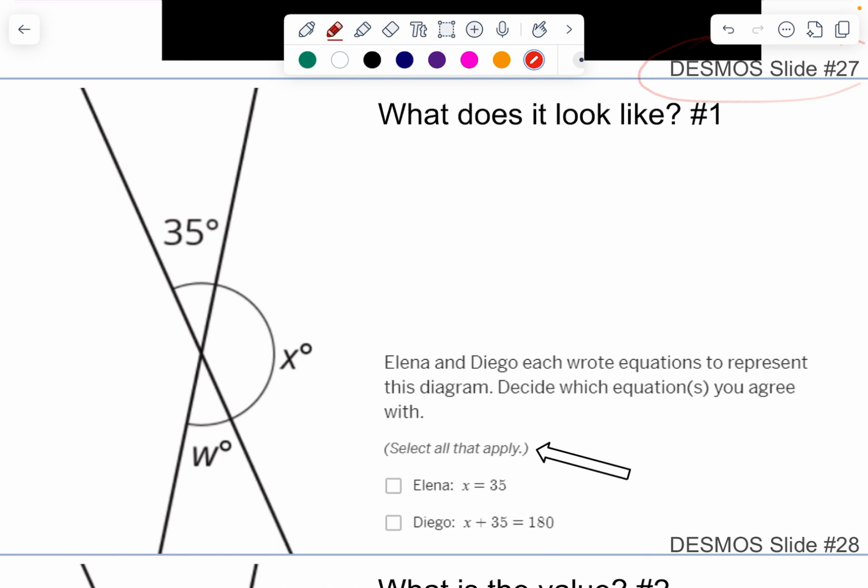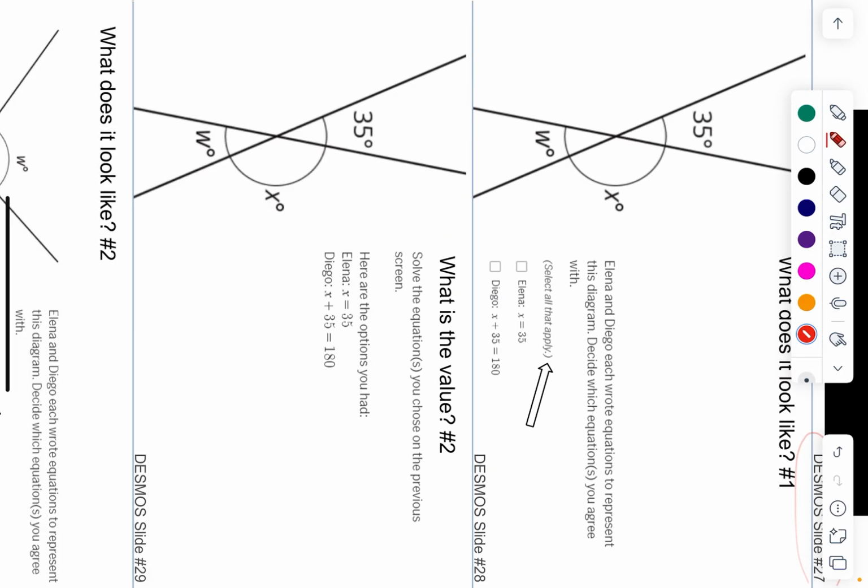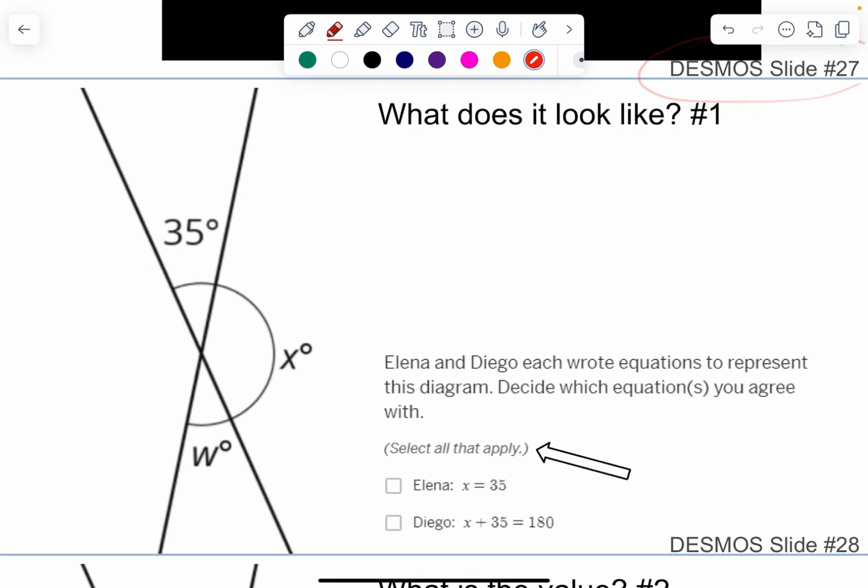So Elena and Diego wrote equations to represent this diagram. Decide which equations you agree with. So she said that X is 35 degrees. And Diego said X plus 35 is 180. So what they're looking at is this right here.